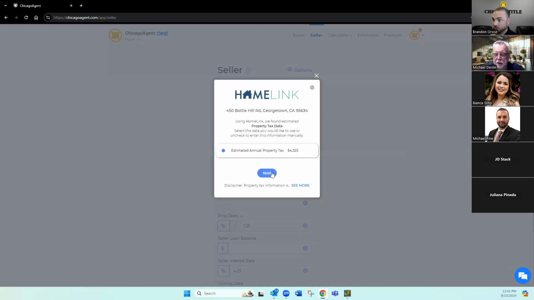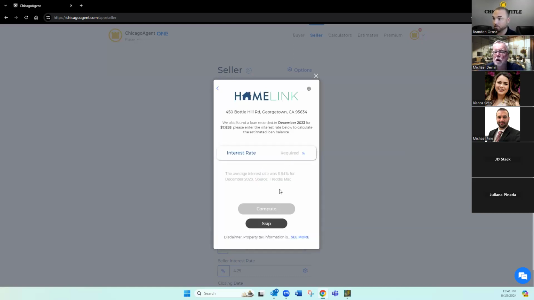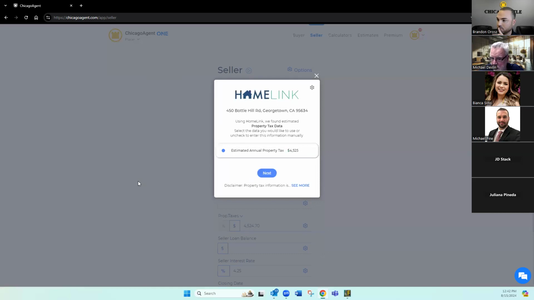Let me just make a comment about this. So first of all, I would always ask when I'm going on a listing appointment if they know what the outstanding loan balance is and what their interest rate is. I'm just throwing that out. Sometimes they say, I don't know, don't push it. Secondly, if you're wondering, why is it asking like the taxes? Is that current taxes or is it future taxes? Now, if it's a buyer, it's still going to ask about property taxes.